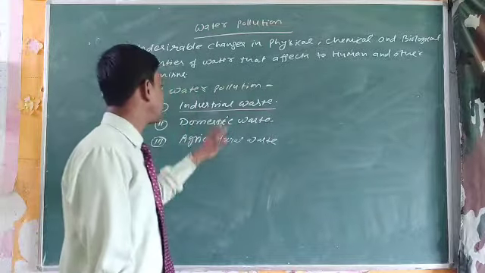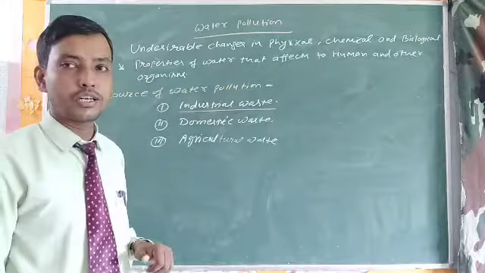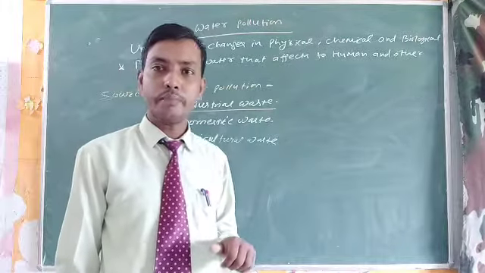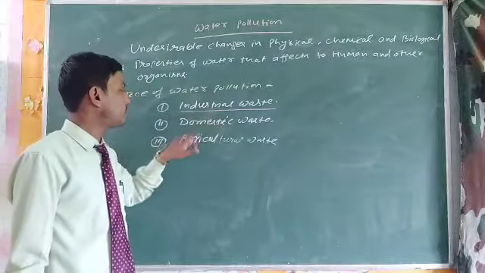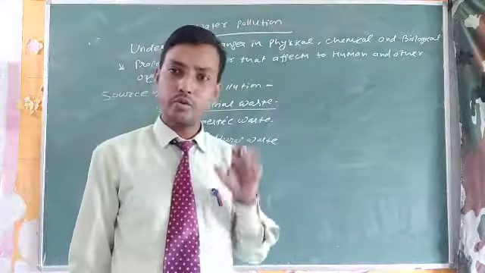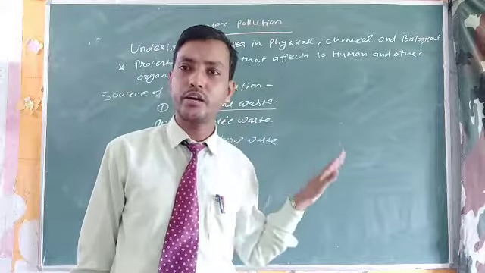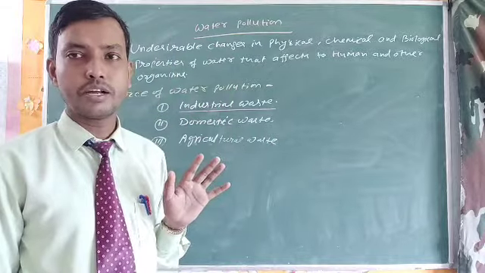So I hope your concept regarding industrial, domestic and agricultural waste is clear. You should write about half a page regarding these points: how the industrial, the domestic and the agricultural waste are responsible for water pollution in our society.